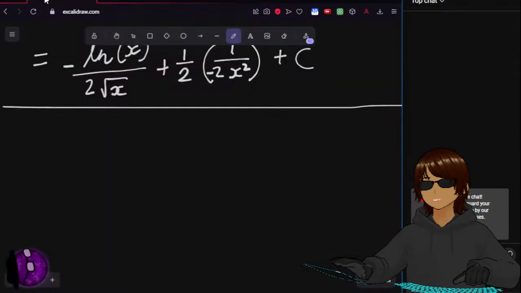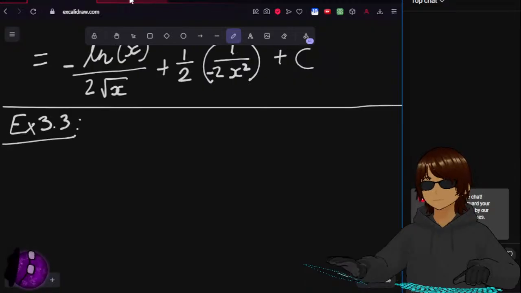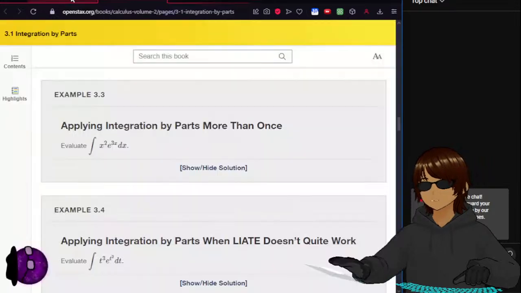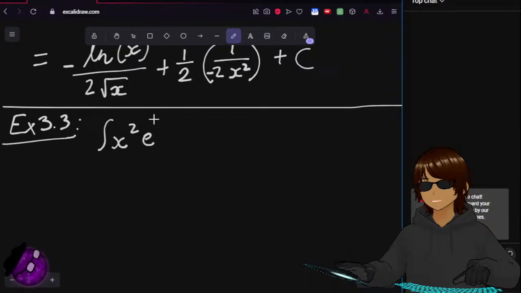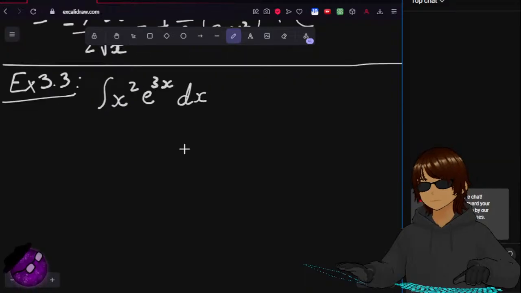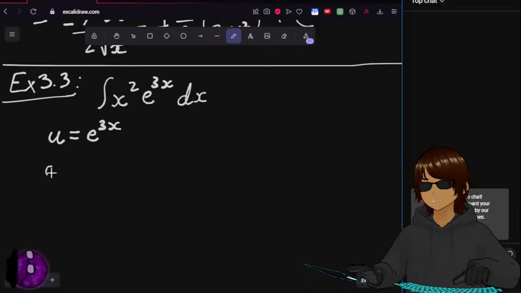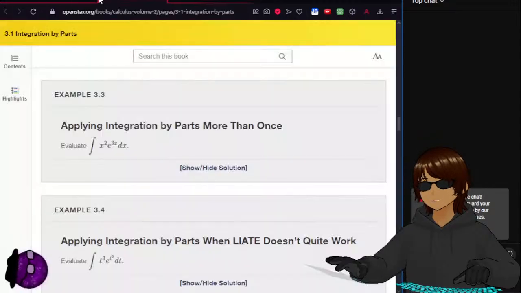Exercise example 3.3. Integral of x square e to the power of 3x dx. If u, 3x, du is equal to 3x.